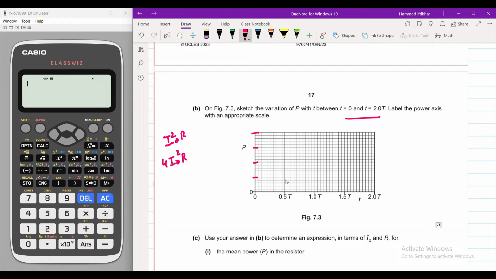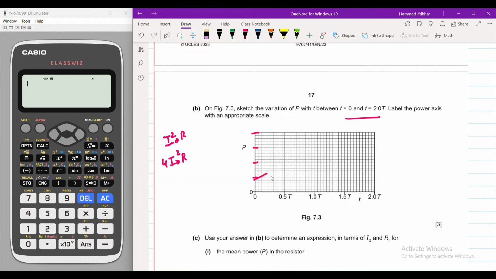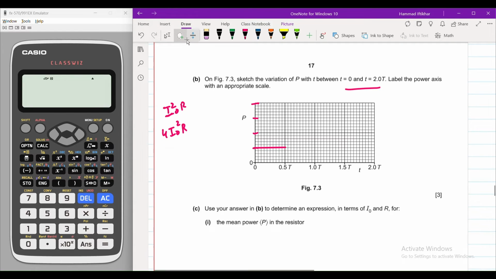So between 0 to 0.5T, this is going to be this. And this is going to be the case after 1T also, at 1 to 1.5T also.